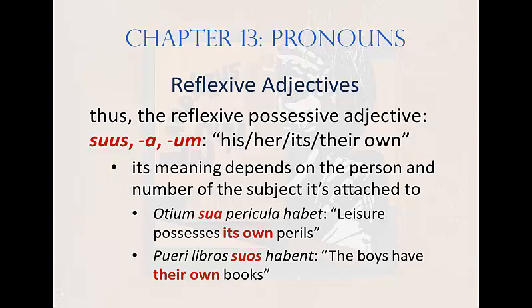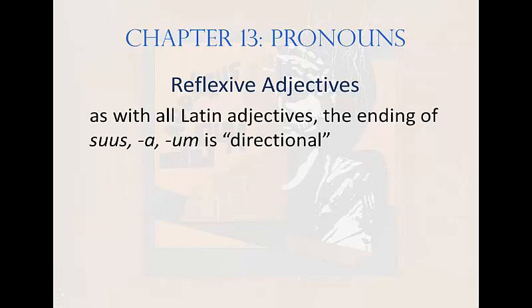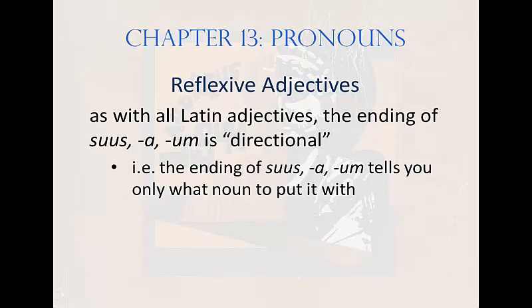Which brings home the all-important lesson I've been trying to drive into your brains since Chapter 4. The endings on Latin adjectives are directional. They simply tell you what noun to take the adjective with. Nowhere else is that lesson more important than here with reflexive possessive adjectives.